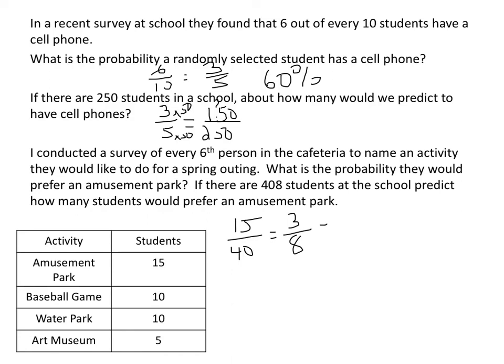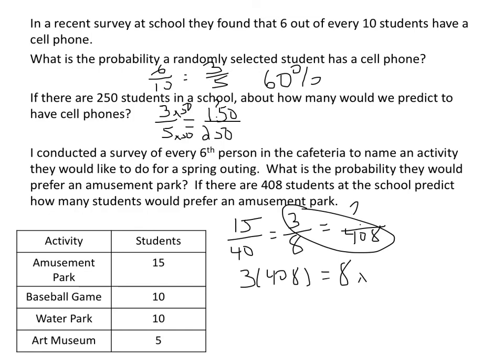But I want to know if there's 408 students in the school, how many we would expect to prefer that. Now I could do what times what equals 408, or I could also use my cross products, which I'm going to do here just to give you a different look. So I'm going to do 3 times 408. It has to be 8 times x, because we don't know what that number is.